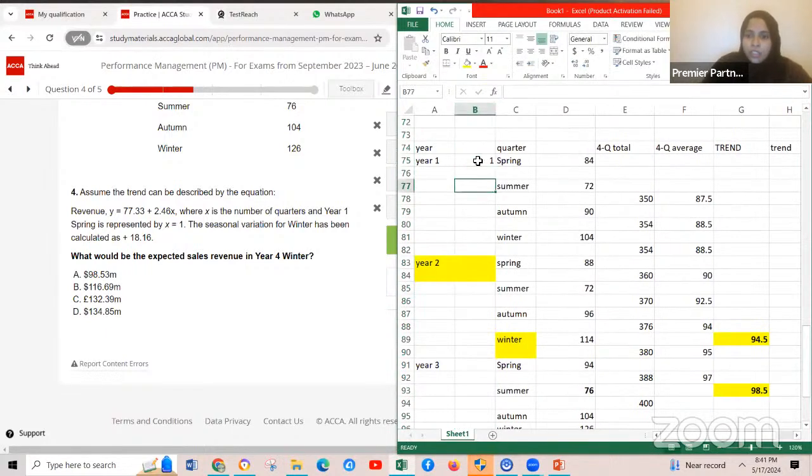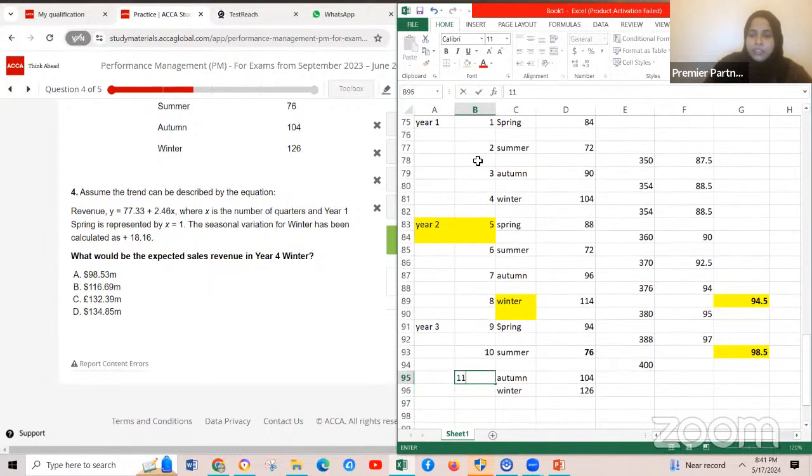So that means here quarter number 2, here quarter number 3, here quarter number 4, here quarter number 5, 6, 7, here 8, here 9, here 10, 11, 12. The seasonal variation for winter has been 18.16.